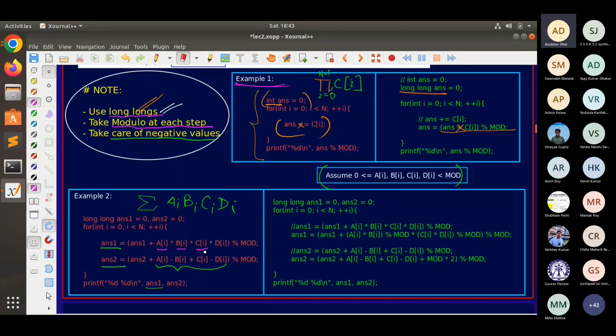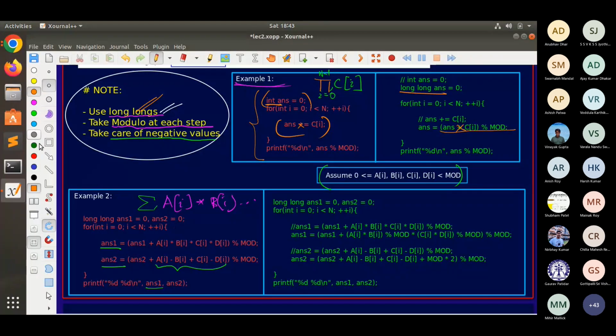You just want to find out this value: the summation over all i of a_i times b_i times c_i times d_i, for some given arrays of integers a to d. Okay, please speak up if things are not clear, otherwise these will build up in later parts as well.